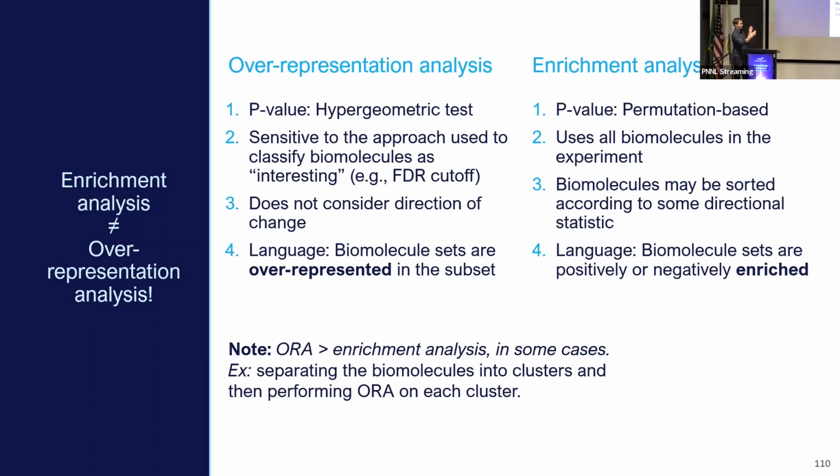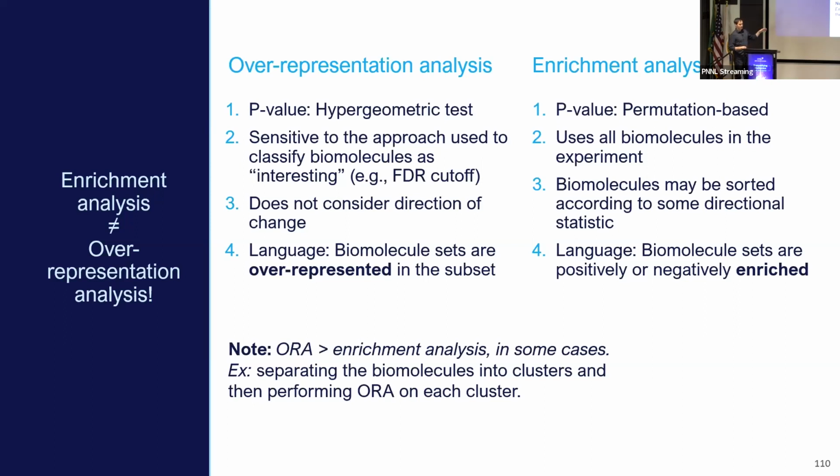You have your subset and your population. Then you look in that subset, and for a particular gene set, you say, is this gene set more present in this small subset than what you would expect just by random chance? So that's usually meaning that if it's localizing in the subset, the genes in the set tend to be either upregulated or downregulated. They're significant in some way.